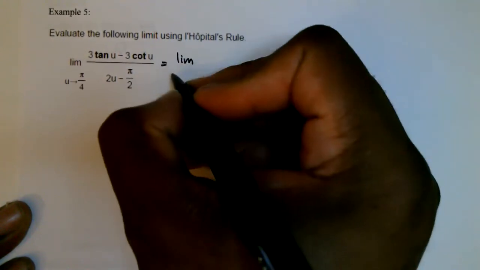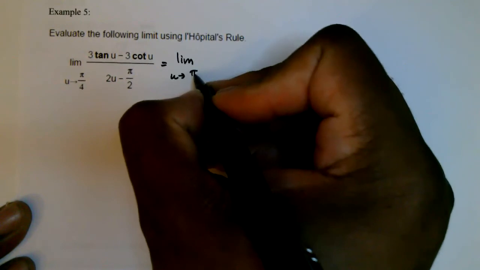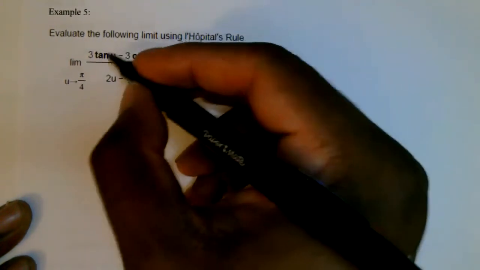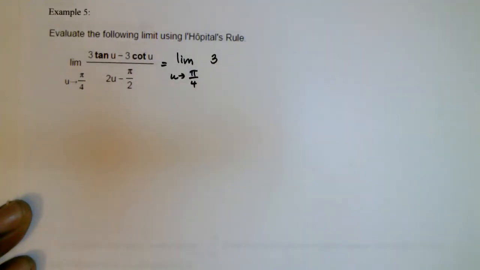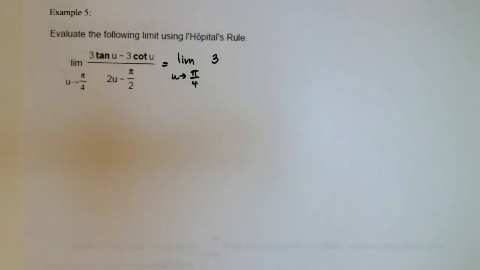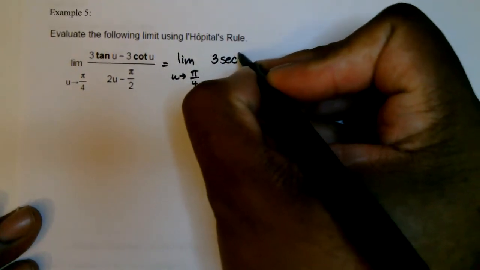So I'm going to bring up the limit as u approaches pi over 4. The derivative of the tangent, and I'm going to bring the 3 over, the derivative of the tangent of u, and you have to go back to chapter 3 to find those derivatives of your trigonometric functions. The derivative of the tangent of u is the secant squared of u.